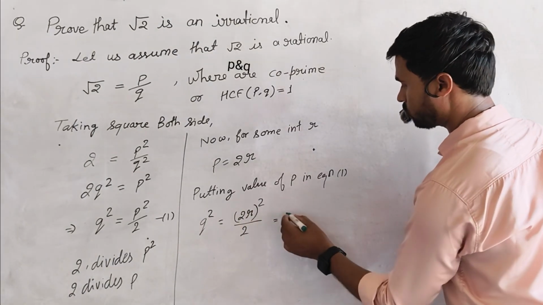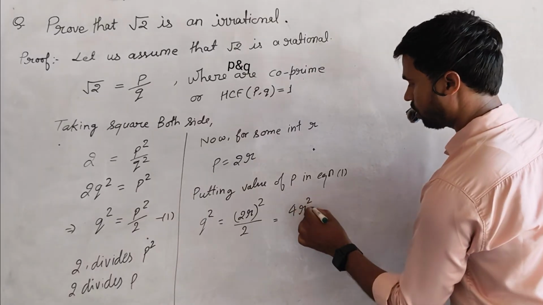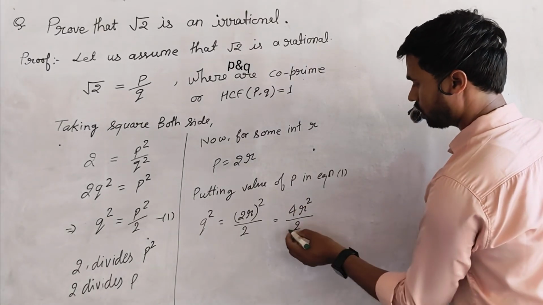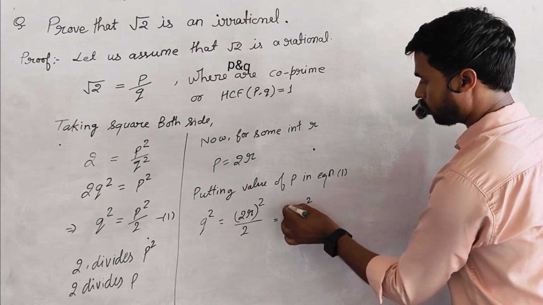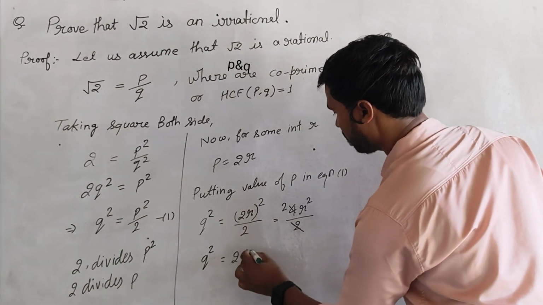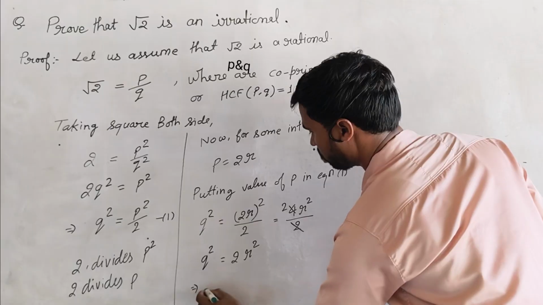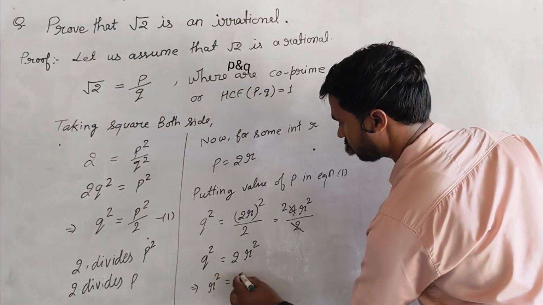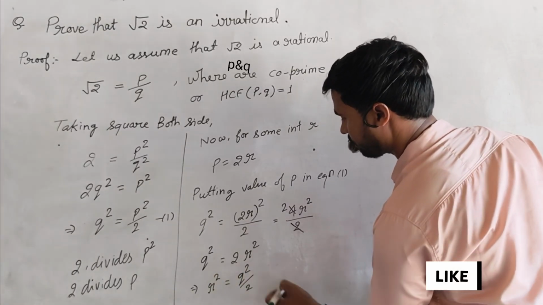Squaring, we get 4r square divided by 2, and 2 divides 4 gives 2. Now q square is equal to 2r square, and also r square is equal to q square divided by 2.